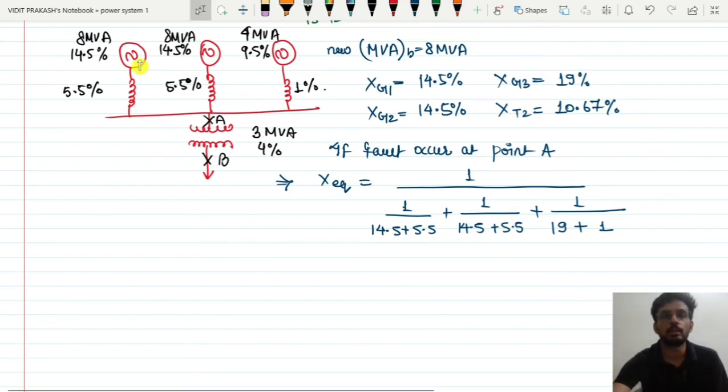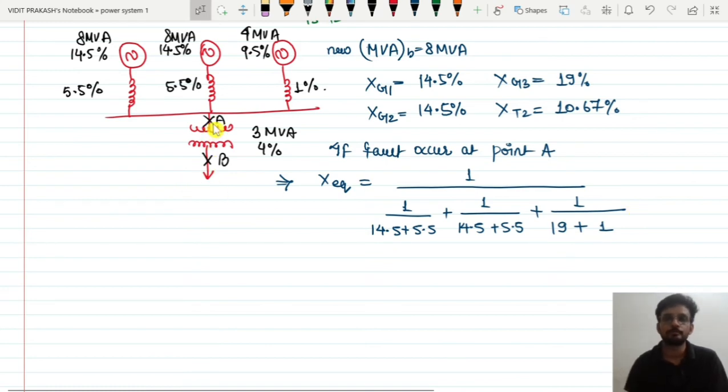Because we have connected a series reactor here with the generator. So the total reactance value will be 14.5 plus the reactor value. Like this we will calculate the equivalent reactance if fault occurs at A.